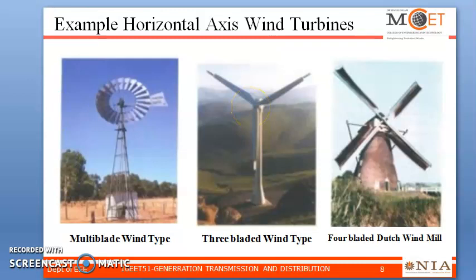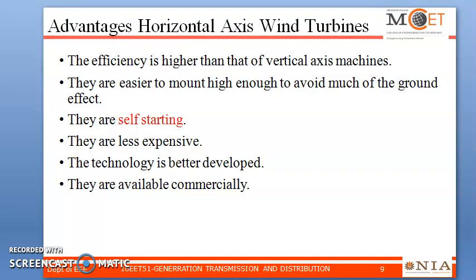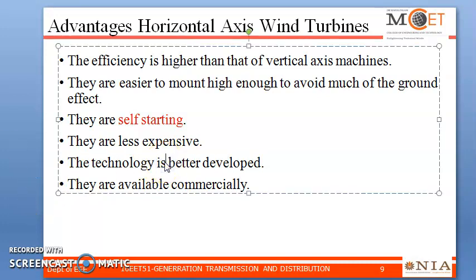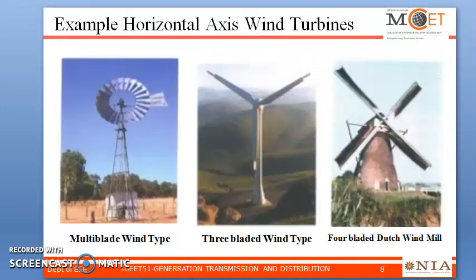It produces enough energy for our system. The main advantage of this horizontal axis is that it is self-starting. The generator and gearbox are placed above the tower, like that.